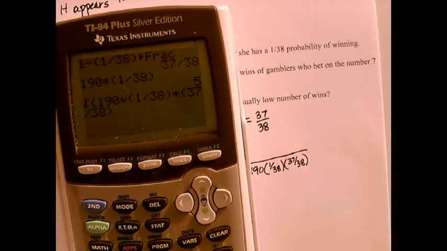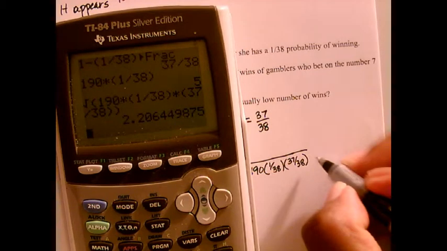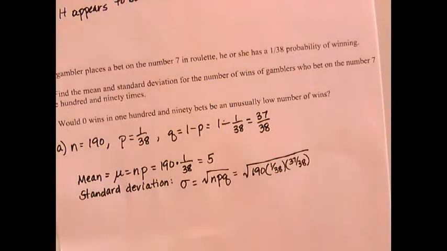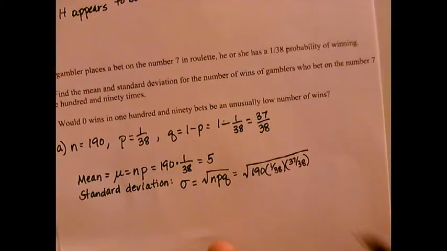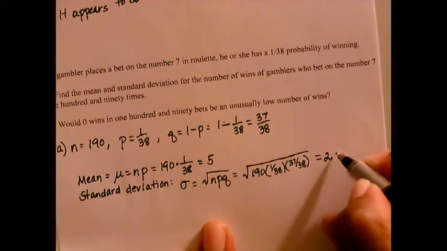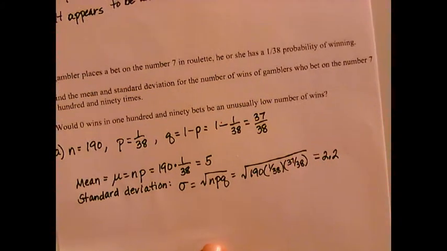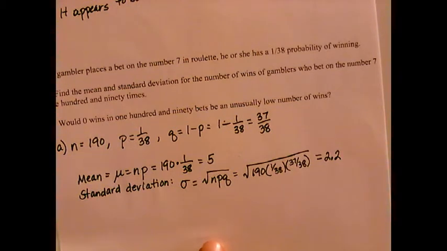And then you have to close your parentheses for the 37 over 38, and then you have to close it again because at the very beginning, that parentheses was open. Hit enter, you're going to get 2.2 as your standard deviation. So that standard deviation there is 2.2. Alright, so that's part A.